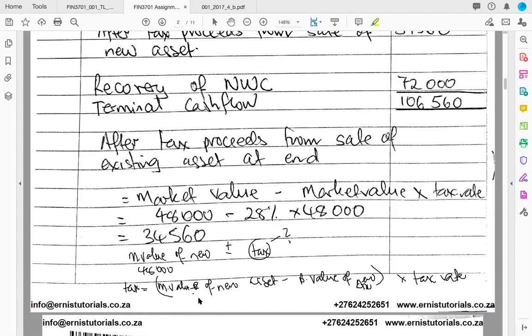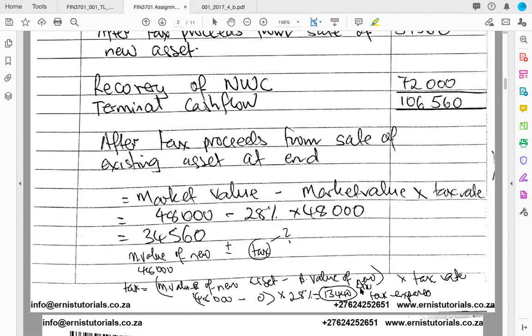So in this case, it will be 48,000 minus 0, because we've gotten to the end of the life of the asset, its book value is now 0, times 28%, giving us 13,440.